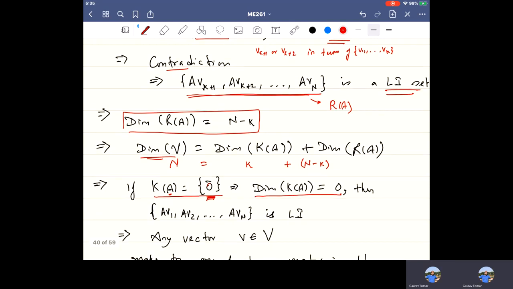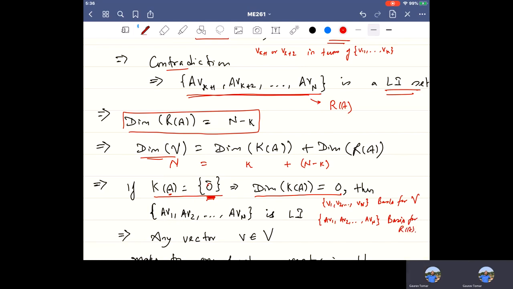In that case, if you took a basis V1, V2 to Vn, if this was your basis for vector space V, then the basis for range of A will be this.